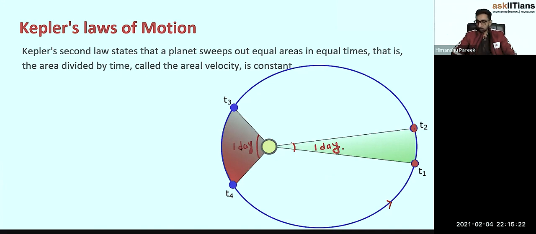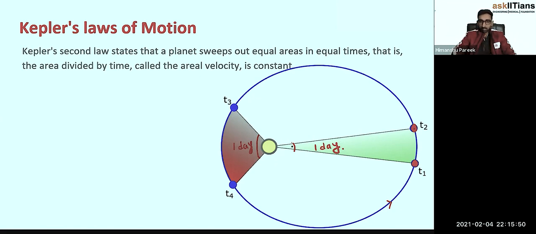Got my point? Now if you measure these areas, from T1 to T2 it has taken one day, and from T3 to T4 it has taken one day.